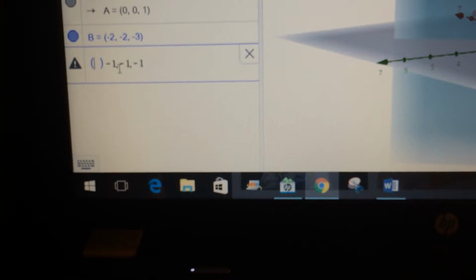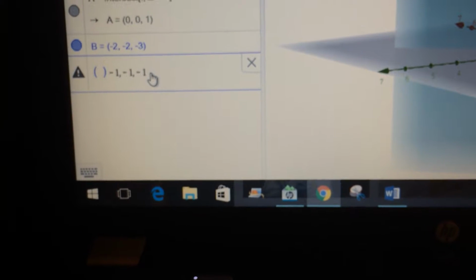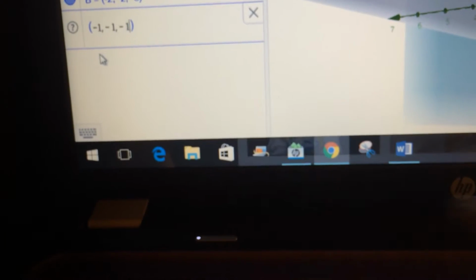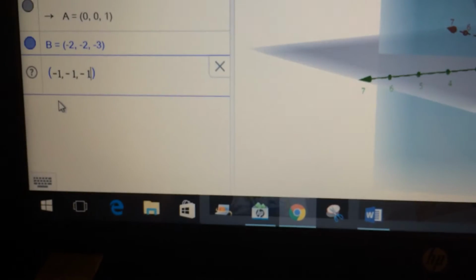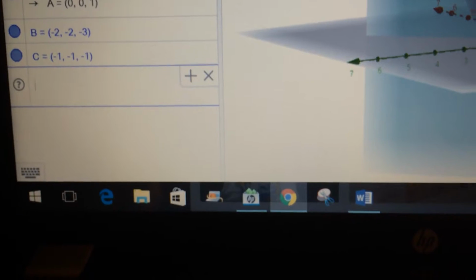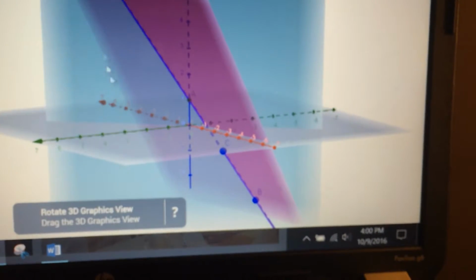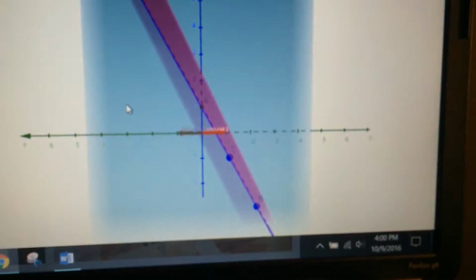Let me just start over. So we should have had parenthesis negative 1, negative 1, negative 1. And that is going to be point C. And again, I'm going to switch back to the view of my graph and show that that point does also show up on the graph.